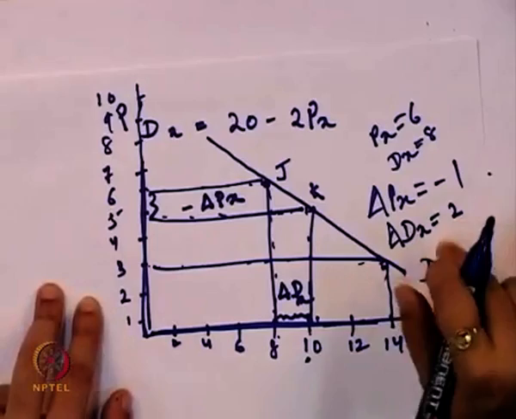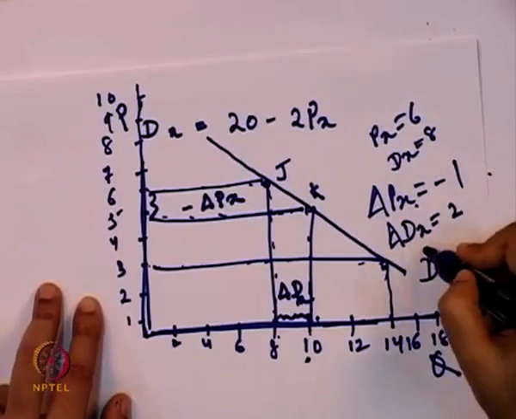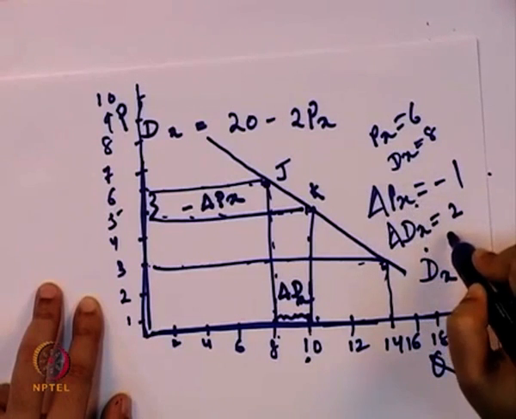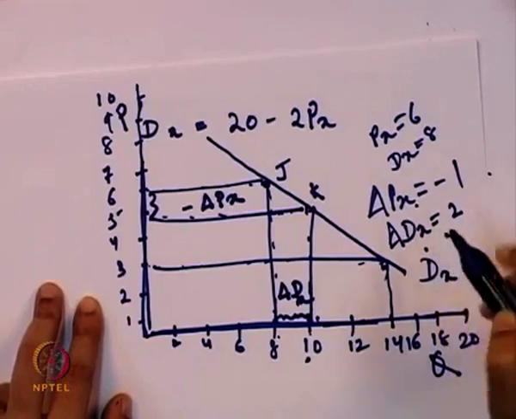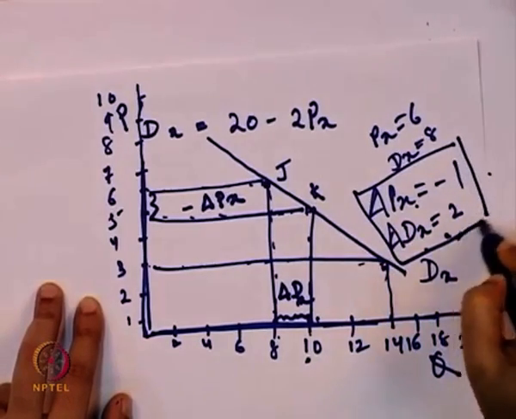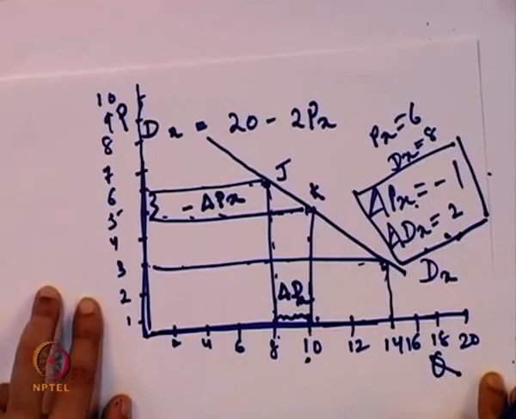Okay. So, Px is the independent variable and Dx is the dependent variable. Due to change in the Px, there is a change in the Dx. So, given the value of del Px is equal to 1 and del Dx is equal to 2, what is the slope of a straight line demand function?